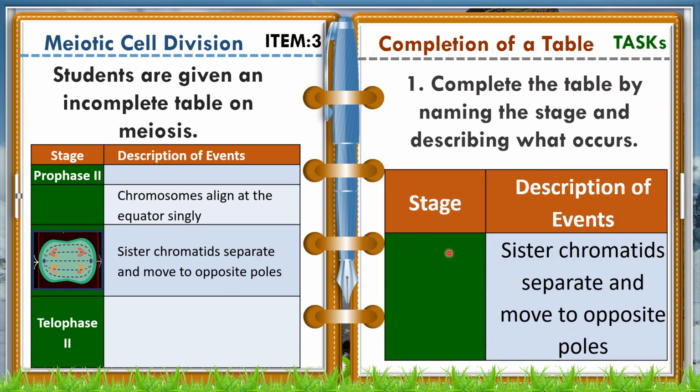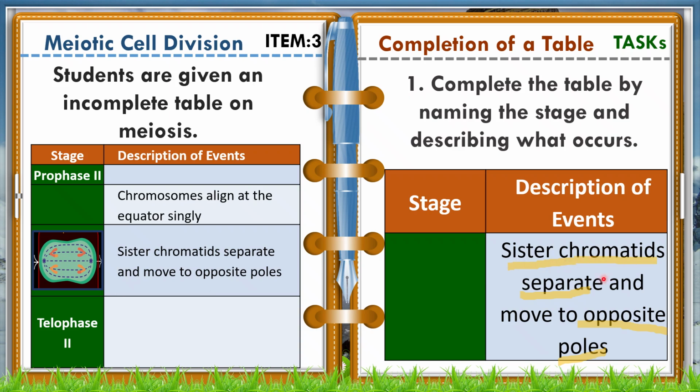Now we have come to another stage. We don't know which stage, but they are saying that during this stage, the sister chromatids separate and move to opposite poles. When you come this side, you are going to see what they are saying here.